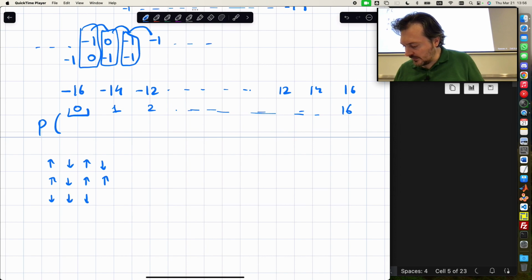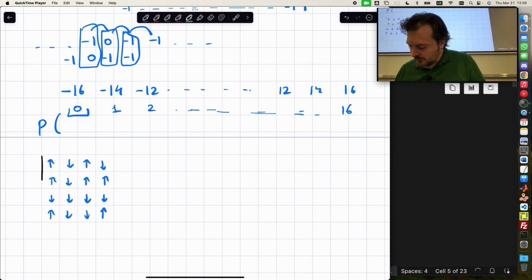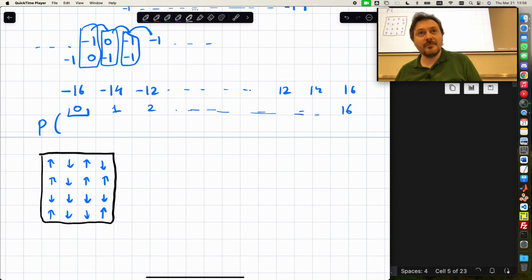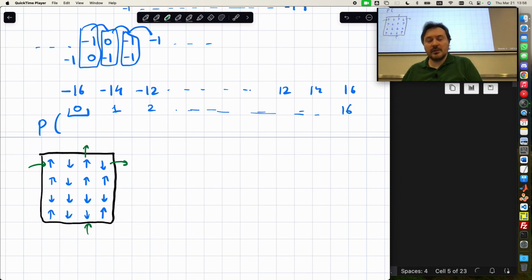This is just the arrangement, just to show you the arrangement. So I have these same 16 spins, right? And again, there is a periodic boundary condition. So this one is connected to that one, and this one is connected to that one. There are connections in between, up and down.